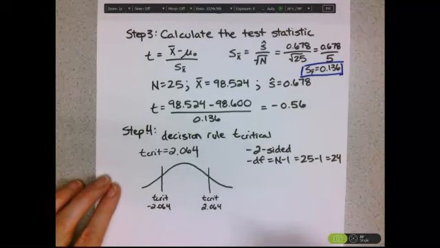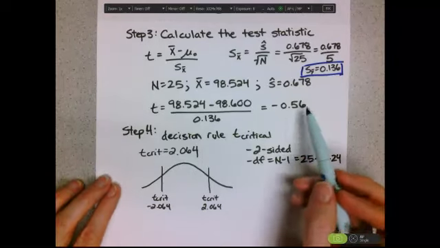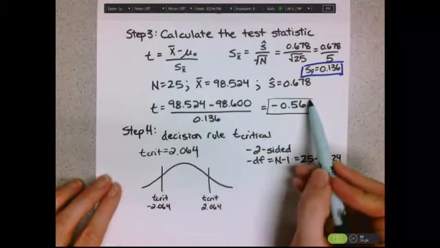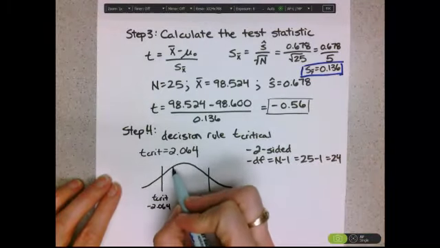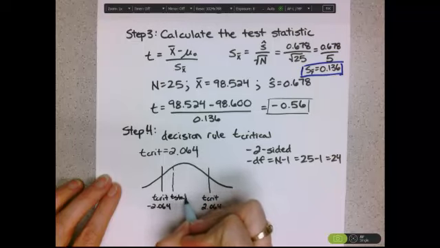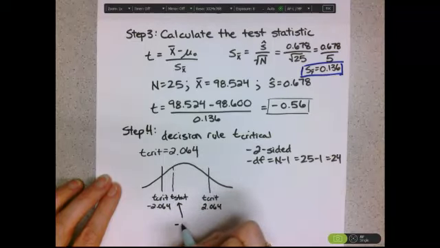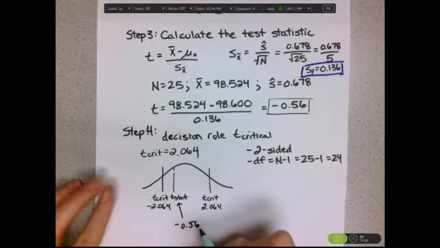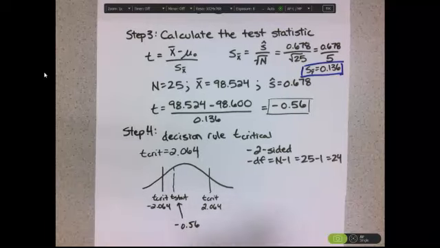Our test statistic that we calculated has a value of minus 0.56. So our t statistic is equal to minus 0.56. And because that's in the middle region here and not out in the rejection region, we're going to retain our null hypothesis.